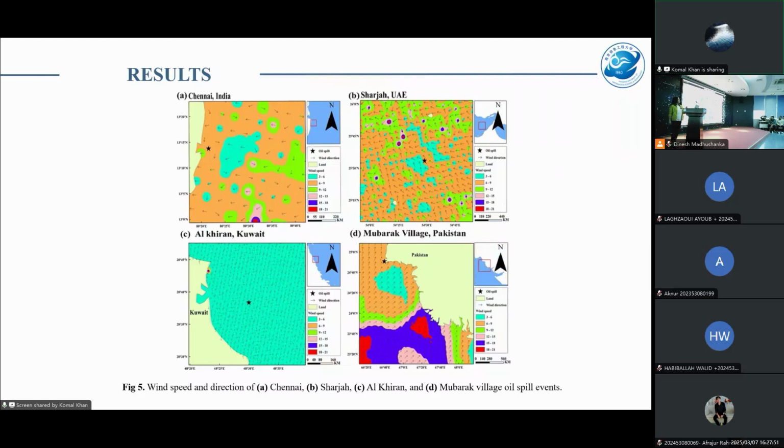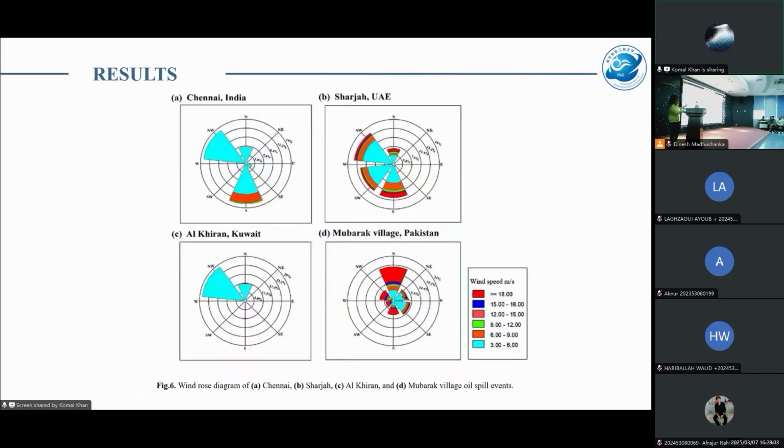So we need to eliminate or extract these bad pixels from the image, and then I used the OC product of SAR data, and then regenerated the wind rose diagram that is actually showing the wind direction and speed at the time of the spill.